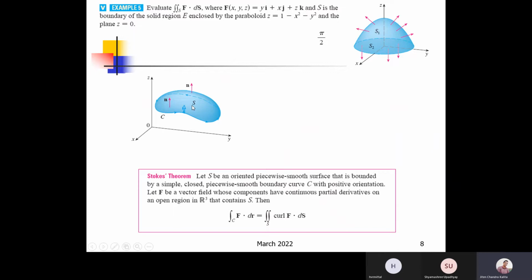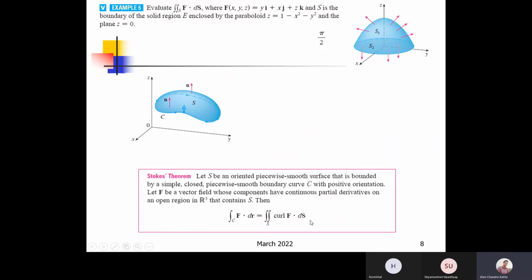Is it okay? Fine. So if F is a vector field whose components have continuous partial derivatives on an open region in R3 that contains S, then you can see this line integral is given by a surface integral.